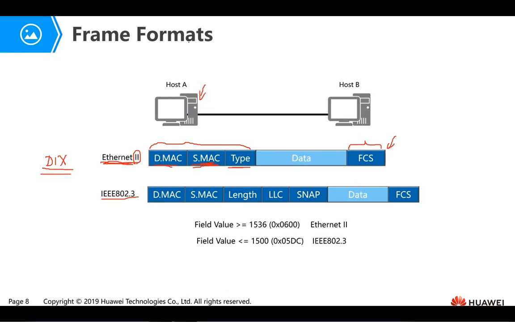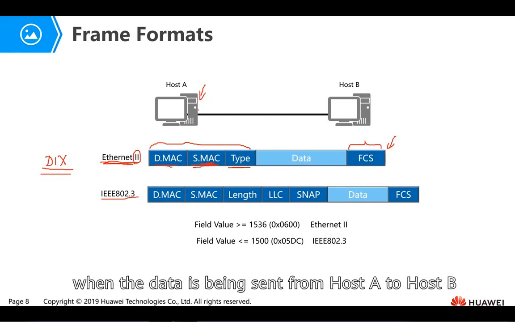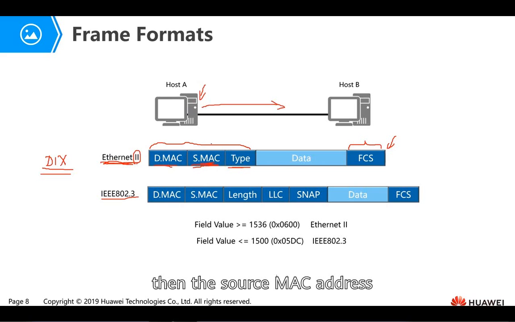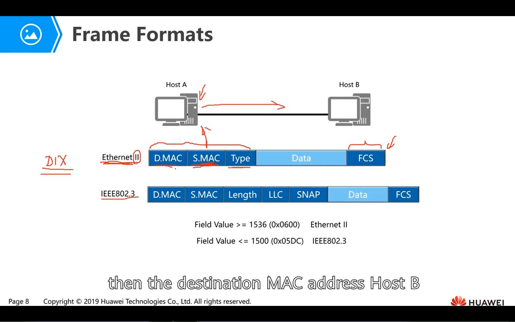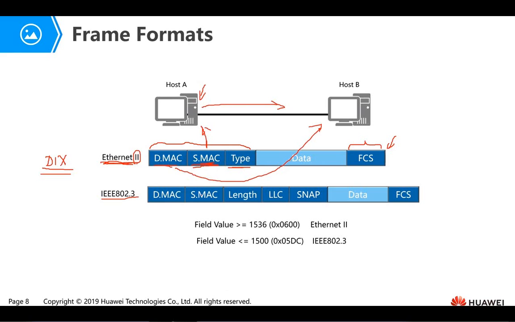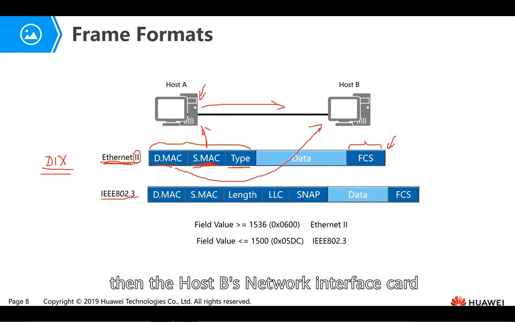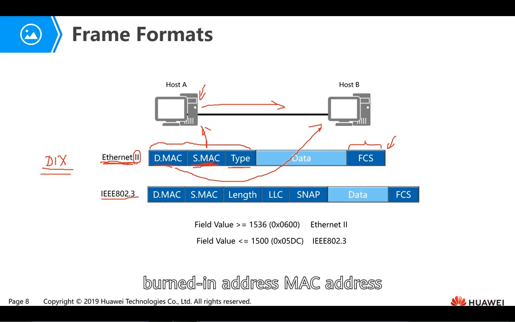So when data is sent from host A to host B, the source MAC address is host A's, and the destination MAC address is host B's network interface card's burned-in address.